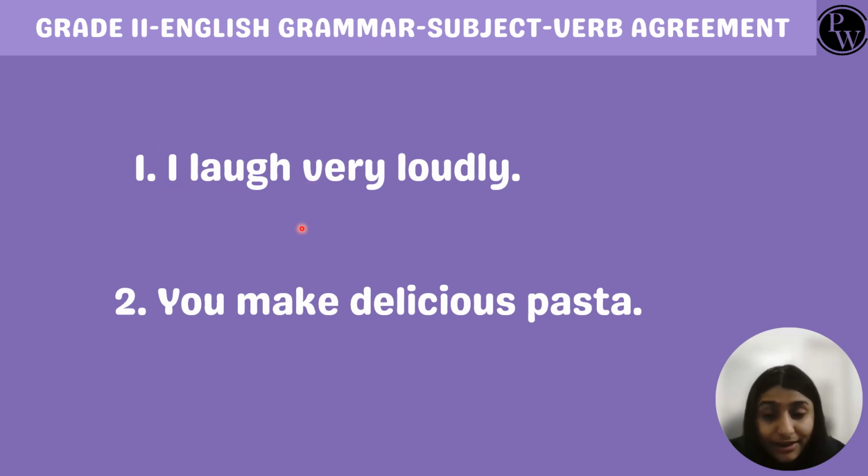You make. Can you see that the verb does not end in s or es even though our subject here is singular, right? Now, why so? Because in the present tense, sentences with subjects such as I and you agree with the base form of the verb. Okay?